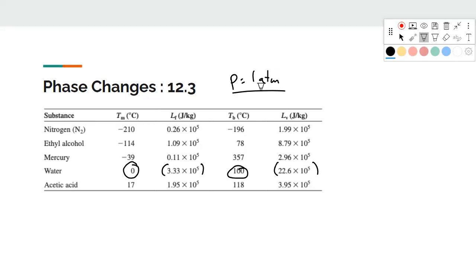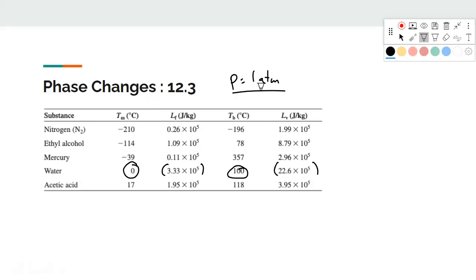But you can see there are all these other materials here. Mercury doesn't become a solid until -39 degrees Celsius, and it doesn't become a gas until 357 degrees Celsius. So for most normal temperatures, mercury is going to be a liquid.